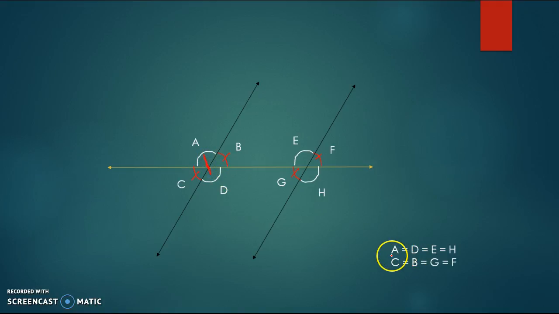So as I wrote down here, angle A is equal to angle D. Now that we know that with vertical angles, angle A is equal to D, we can also say that angle D, using the alternate interior angles, is equal to angle E. They are the exact same. So we can say angle D is equal to angle E.